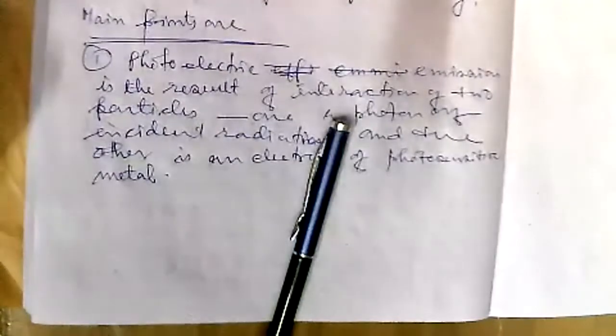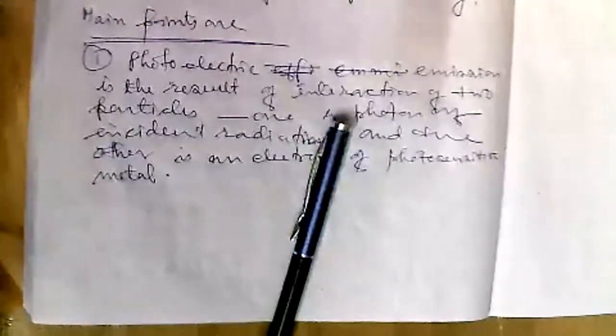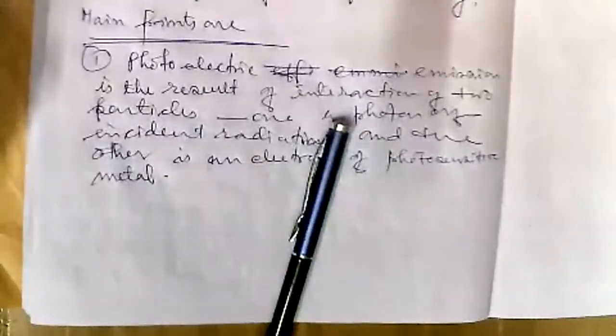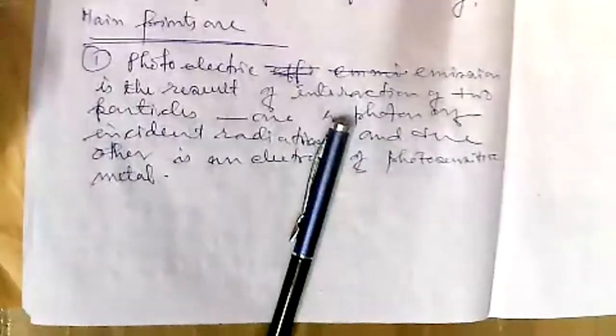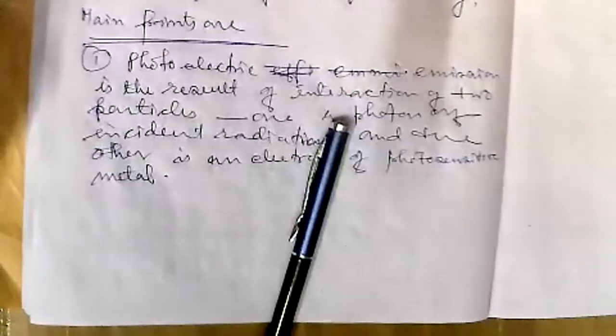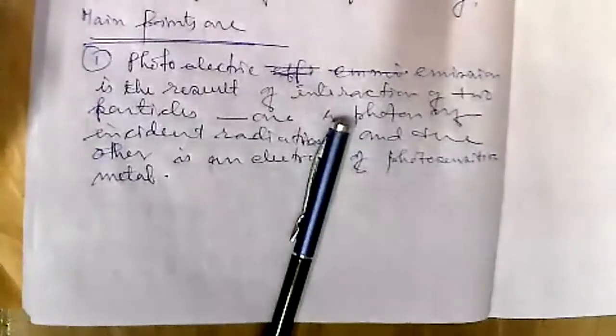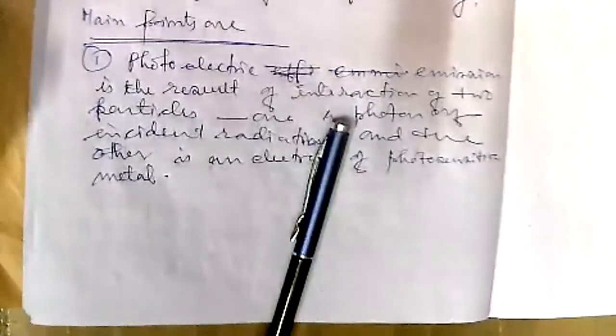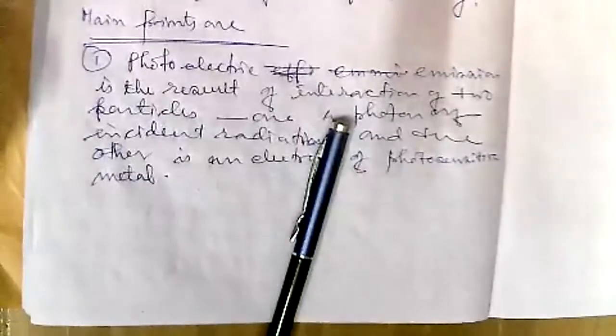Then Planck initially gave the idea that light wave, when absorbed or emitted by some material, is absorbed or emitted in the form of photons.